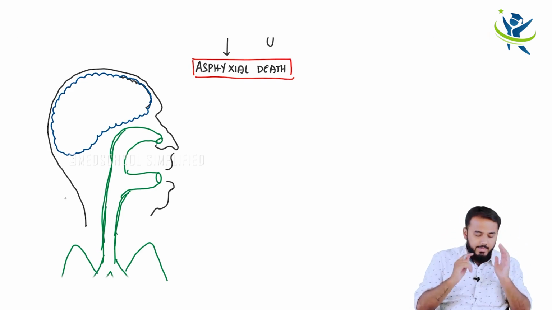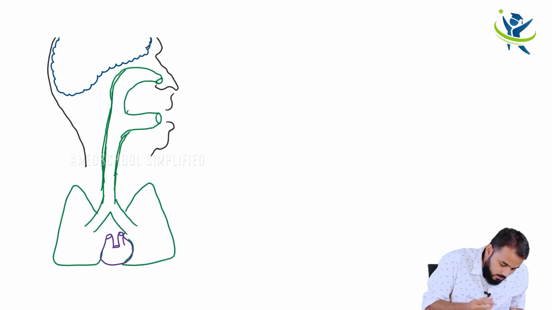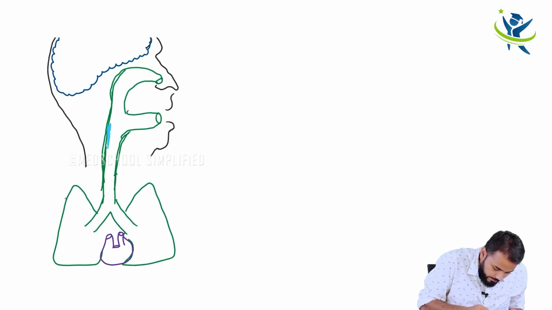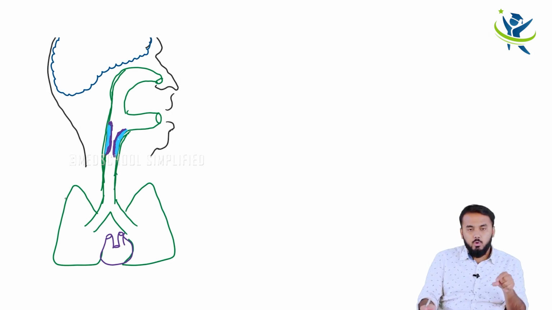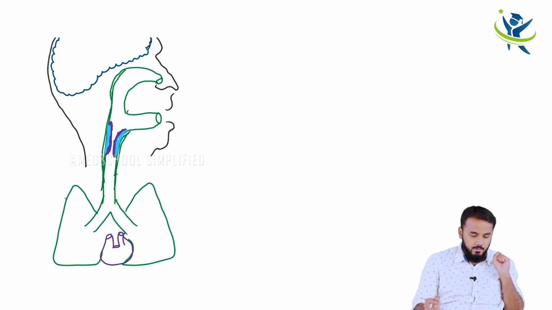Now listen very carefully. Let me draw this also, and let us start the different types of associated conditions with diphtheria. What is this which I am drawing right now? You must know this. This is pharyngeal diphtheria, a grayish pseudomembrane.